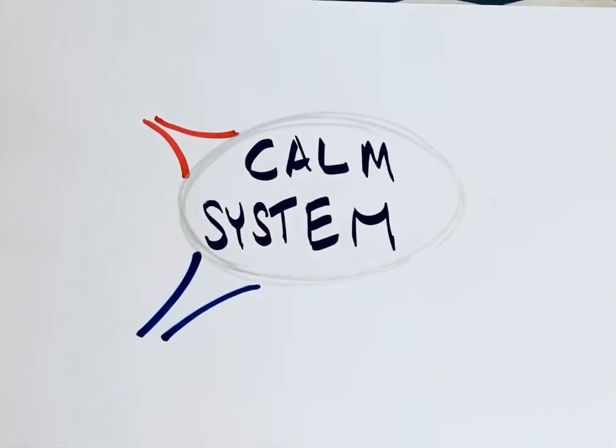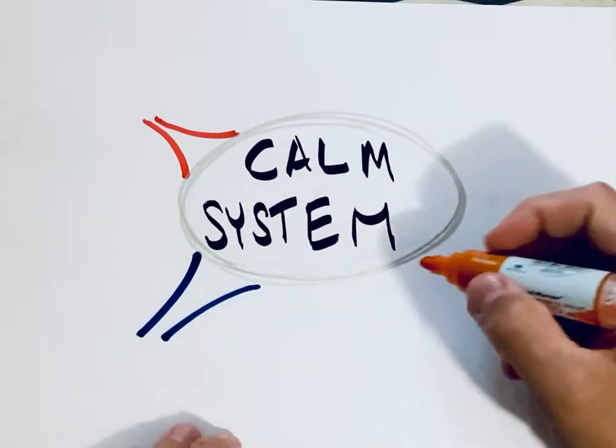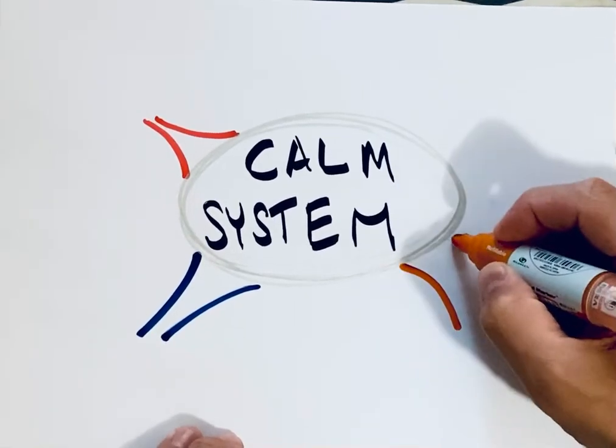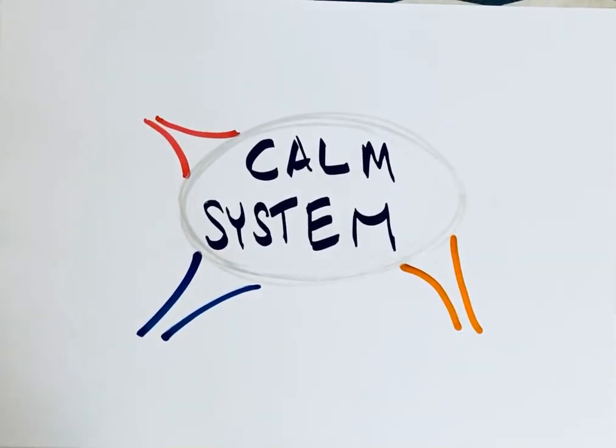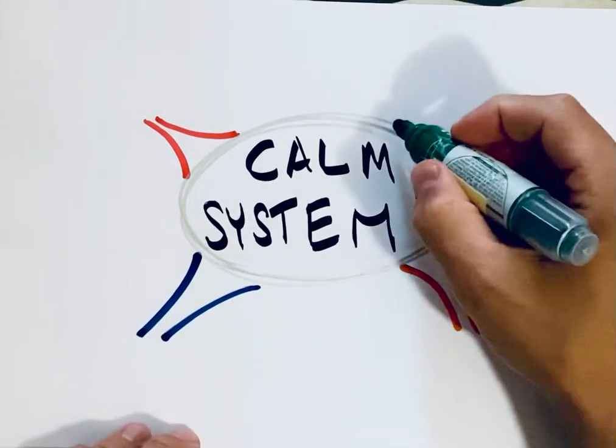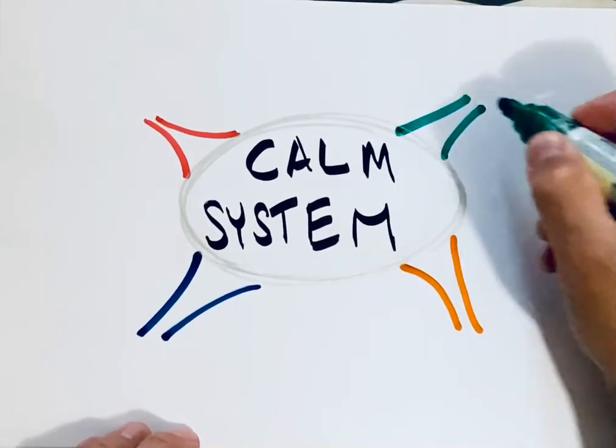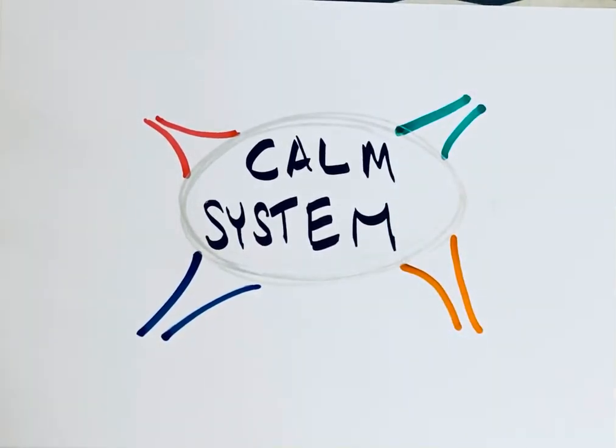We used orange. And we have green. All right. So we had those 4 branches, which means we're going to communicate 4 different pieces of information.